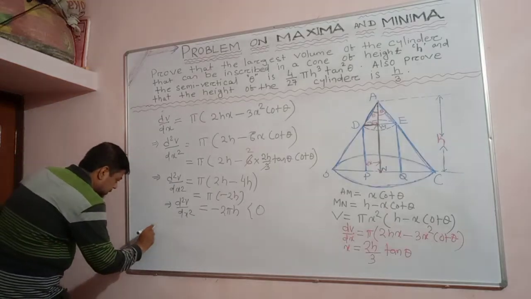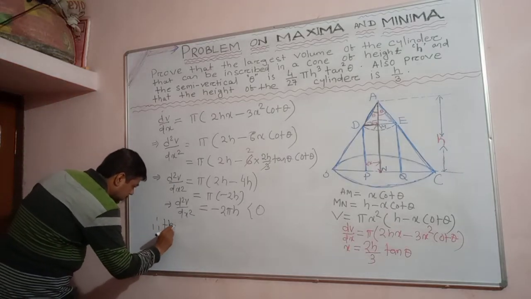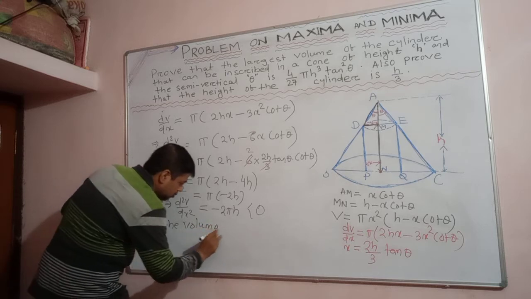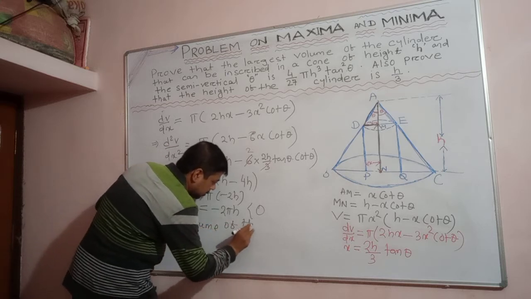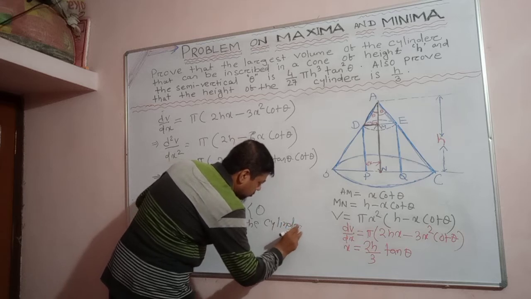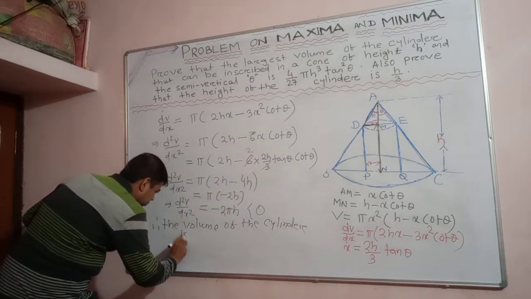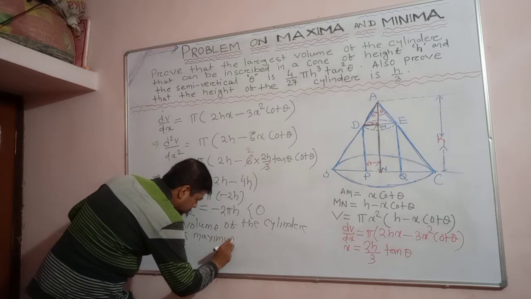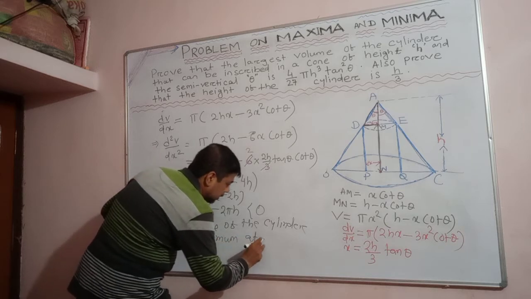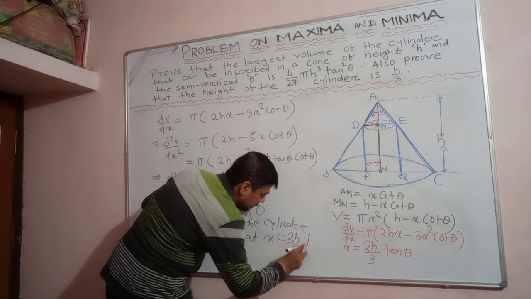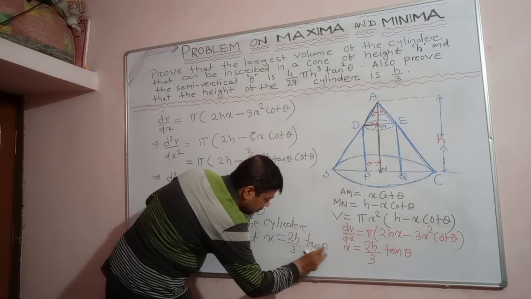Hence it is proved that the volume of the cylinder is maximum at the critical point x is equal to 2h upon 3 tan theta.